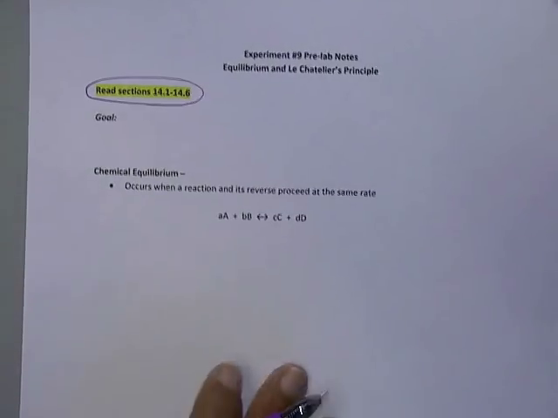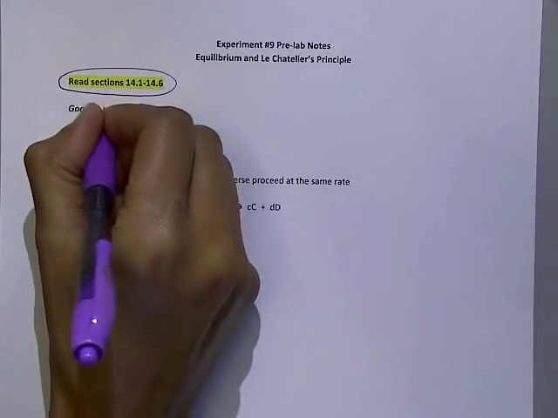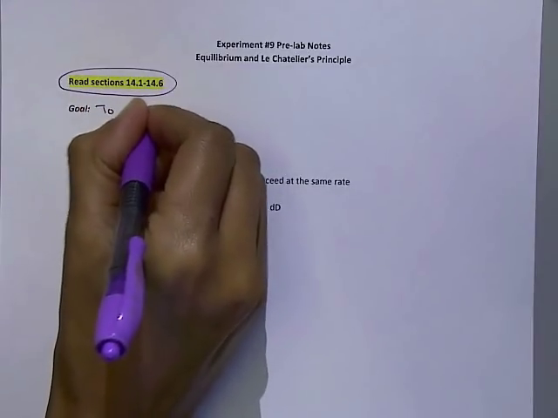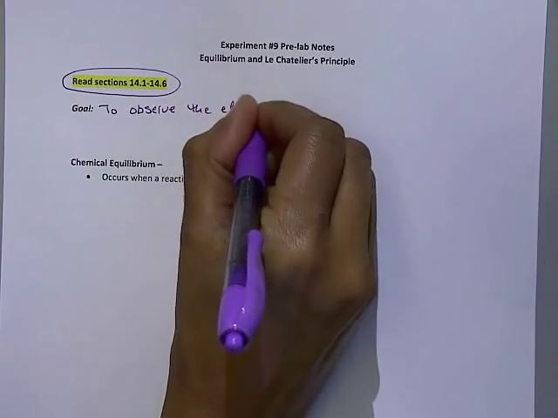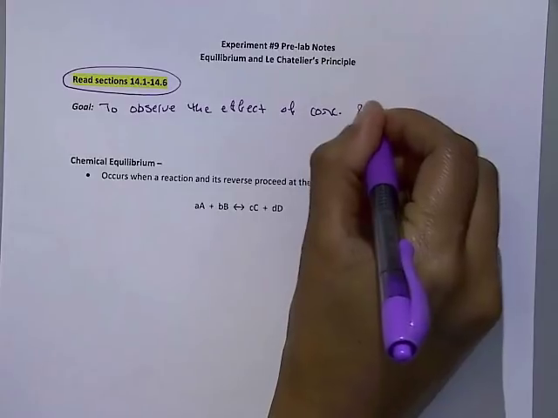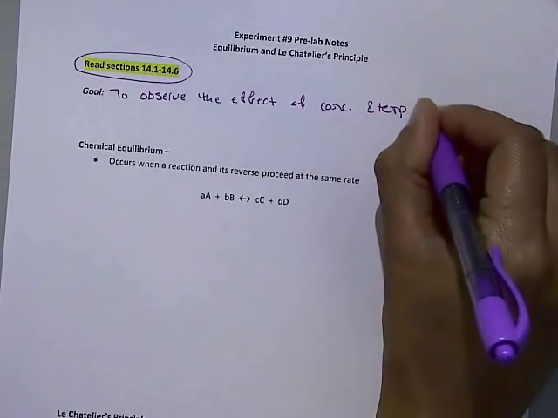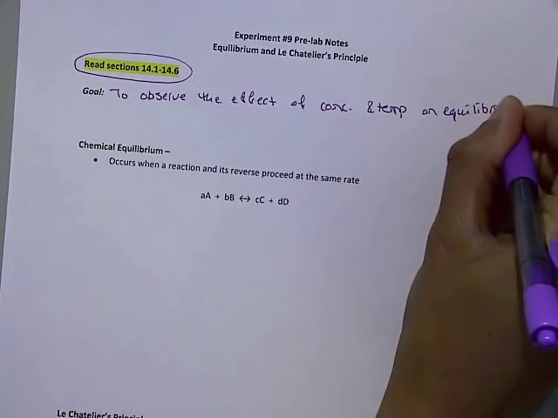Alright, so having gone through our experiment 9 in our lab manual, we have really a couple of goals for this experiment. The first goal is to observe the effect of both concentration and temperature on equilibrium, and we'll define what we mean by equilibrium in a second.